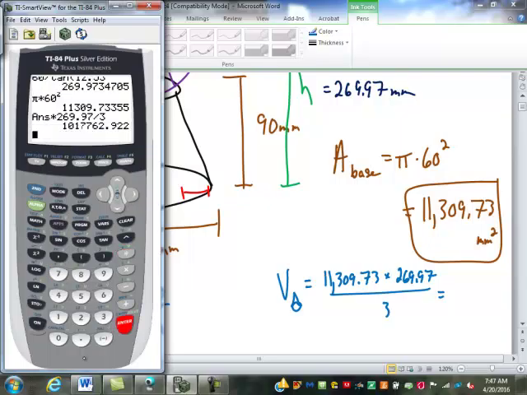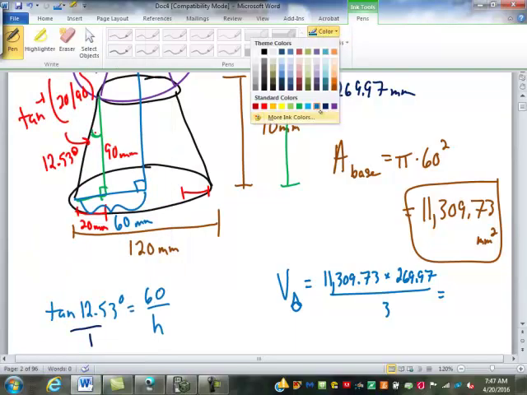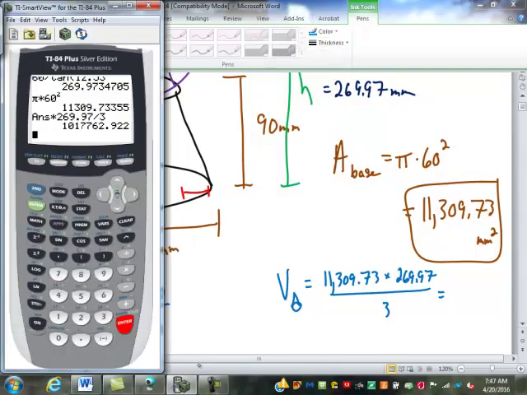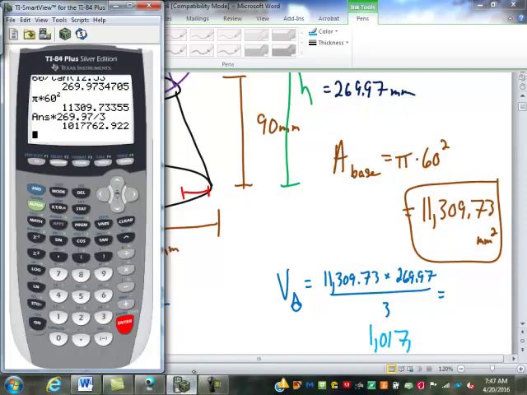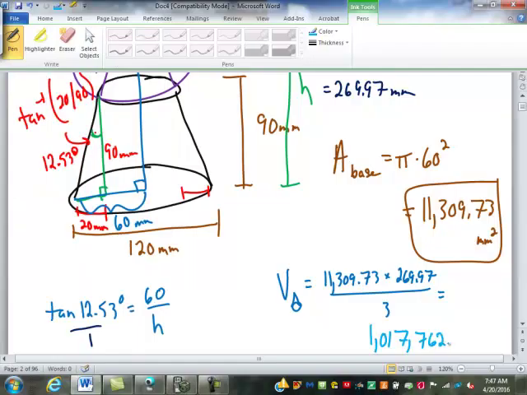So there's our volume. Ugly as sin. So what do we have there? 1,017,762.92 in millimeters cubed. That's the volume of the big cone.